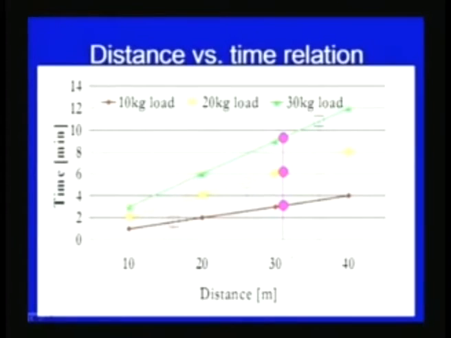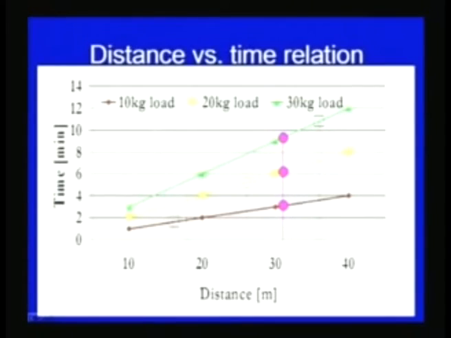In the same way, if the person covering a 30 meter distance with the 10 kg load takes say one time value T1, and say he takes another time value T3 for 30 kg load, then this relationship may also be linear, and the extra time required for the extra weights can be calculated for covering the same distance. So, the increase in time required with the increase of load can be estimated.